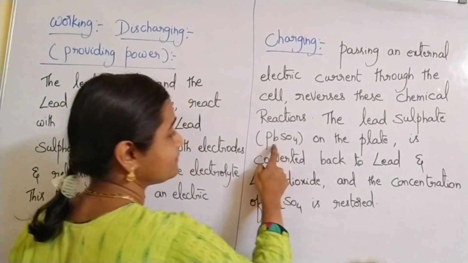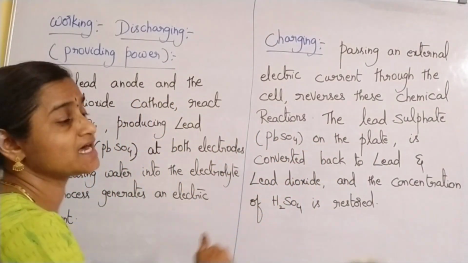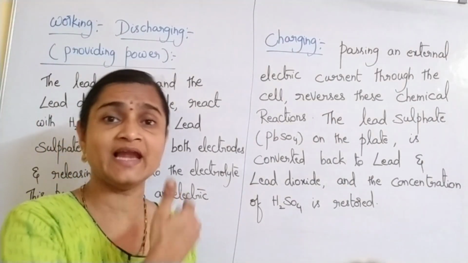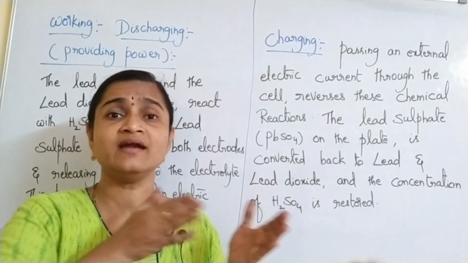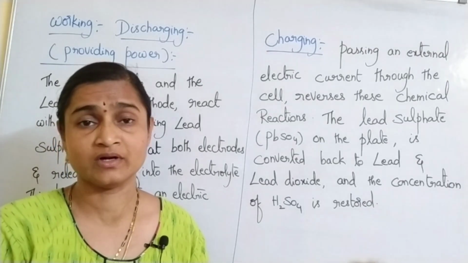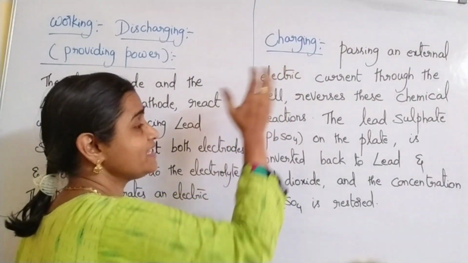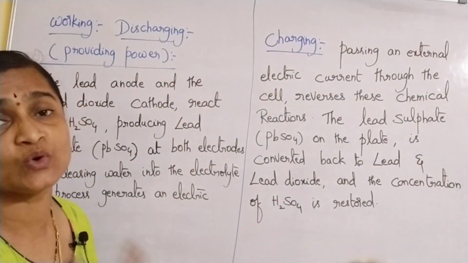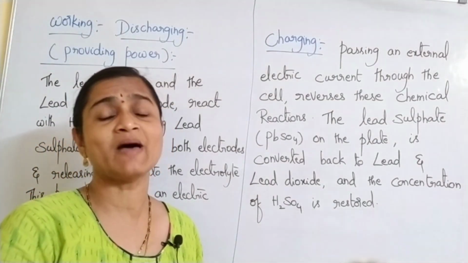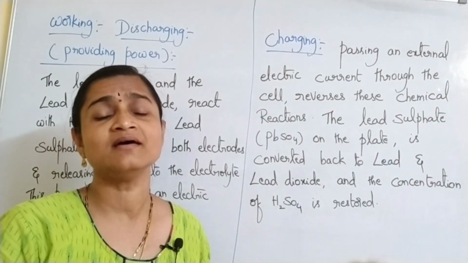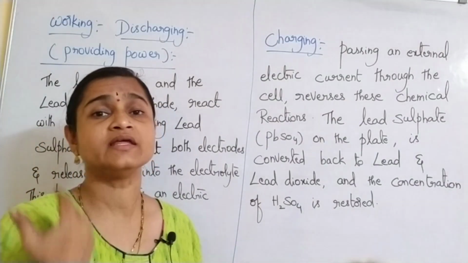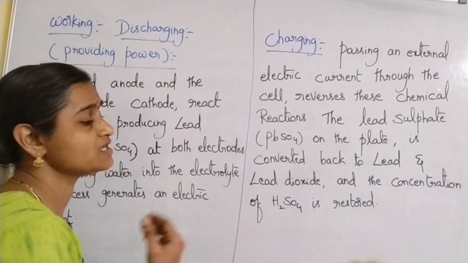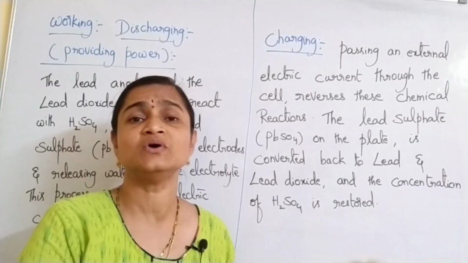The lead sulfate PbSO4 on the plate is converted back to lead and lead dioxide. We have taken spongy lead as anode and lead dioxide as cathode. So when you apply charging, the lead sulfate which was formed converts back to spongy lead and lead dioxide. The cathode and anode are restored, and the concentration of H2SO4 is also restored.